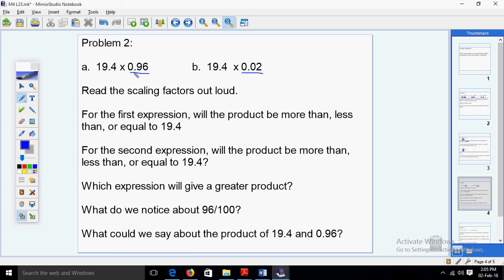But let's look at 2 hundredths. That is really small. You're not even close to a 10th here, right? So this is going to be way less. So let's go ahead and continue. What can we say about the products of both? This one is going to be more than this one because this is much closer to one whole.